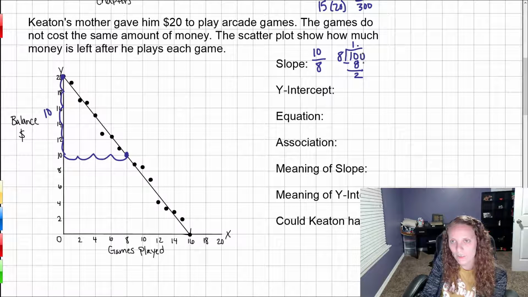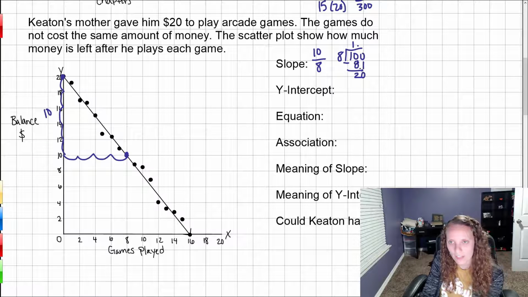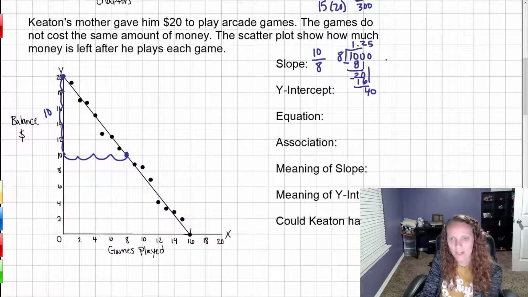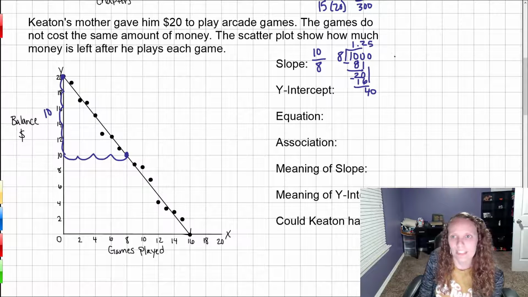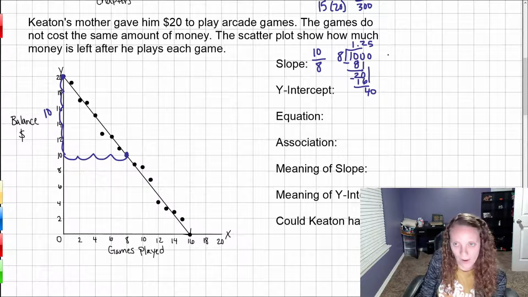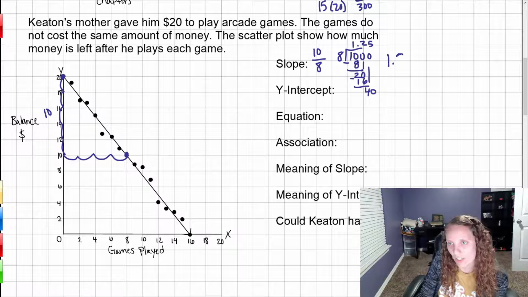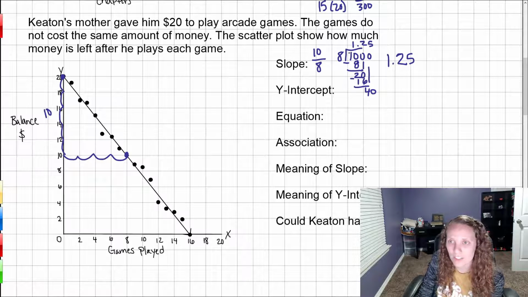I'm going to add a decimal and a 0, bring it down. 8 goes into 20 twice, minus 16, and we have 4 left over, add a 0, bring it down, and 8 goes into 40 5 times. So we could say that Keaton is spending about $1.25 on each game. If you notice, the trend is going downwards, and so this is a negative $1.25.